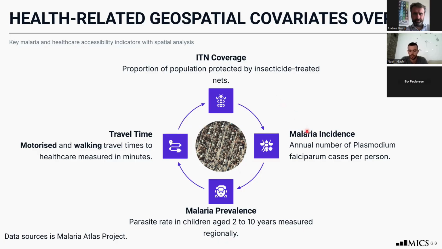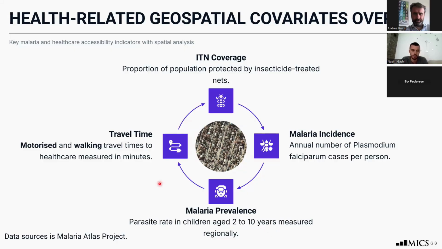And then for the malaria incidence, we have the annual number of malaria incidence cases per person. And then we have the malaria prevalence, and this is done just for one age group, which is children from age 2 to 10.